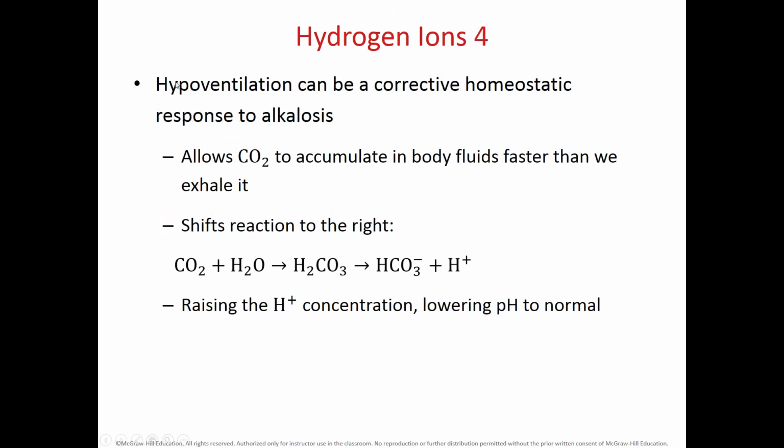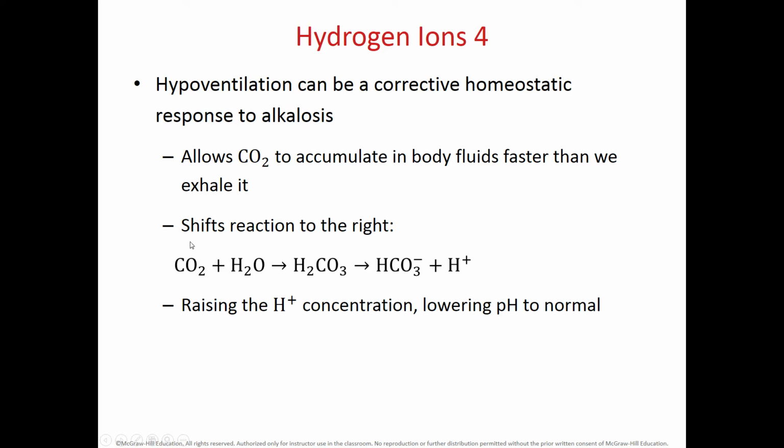In hypoventilation, it is the opposite. So you will reduce your respiratory rate because you have alkalosis. In alkalosis, you don't have as much CO2 as you need to maintain the pH, so to maintain these levels of carbonic acid and hydrogen ions. So in this case, you would shift your reaction to the right.